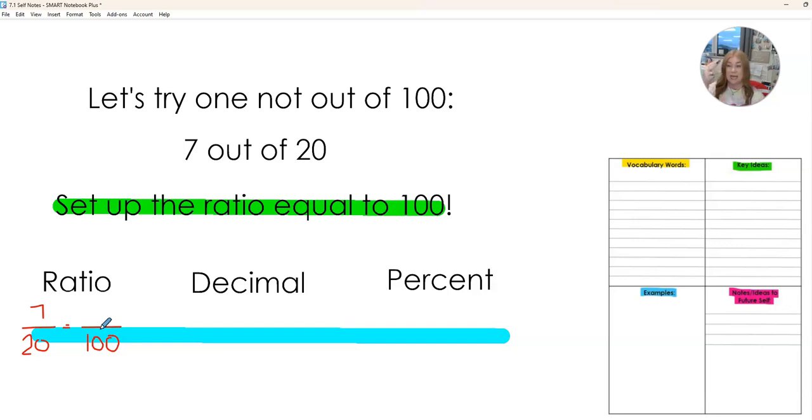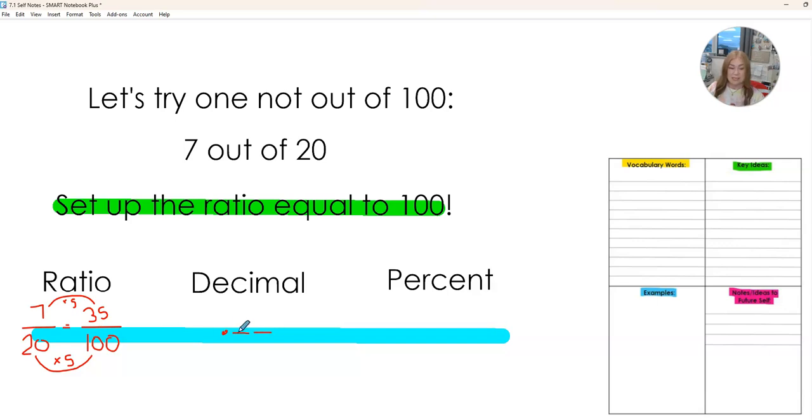20, 40, 60, 80, 100. So that goes in there 5 times. So we're taking 20 and timesing it by 5. And we're going to do the same thing to the numerator. 7 times 5 is 35. So my new equivalent ratio is 35 out of 100. Now I can take that number and write the decimal.